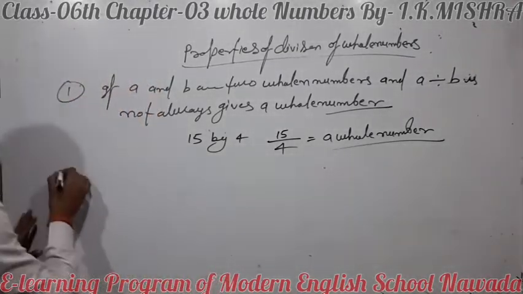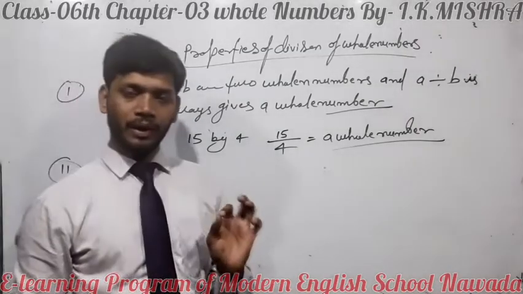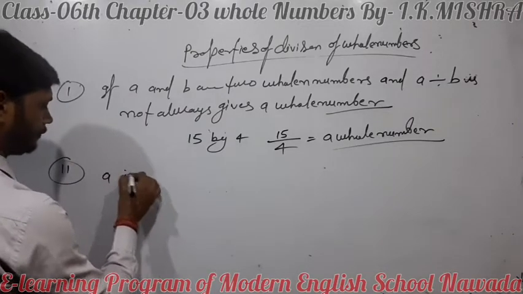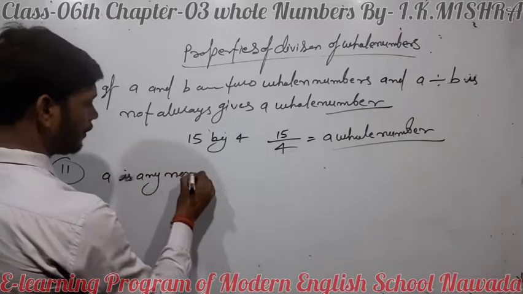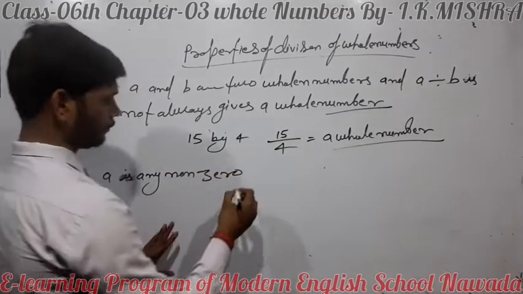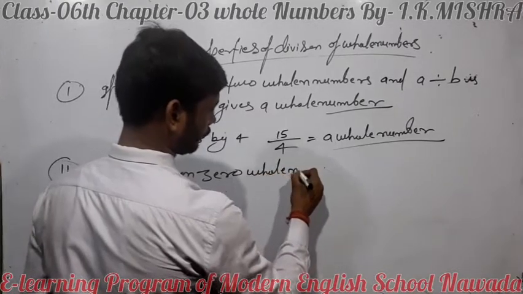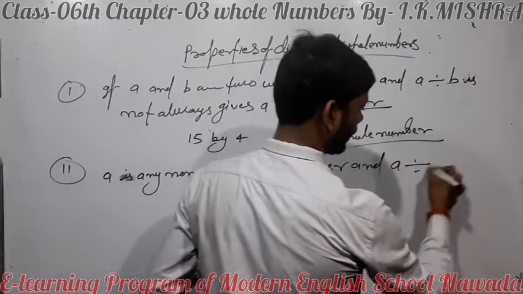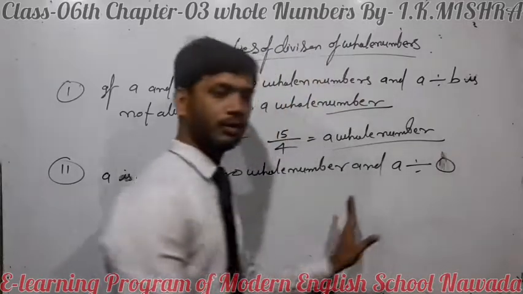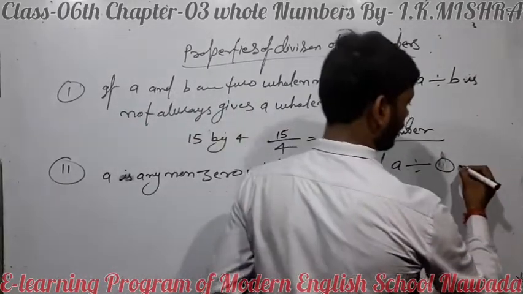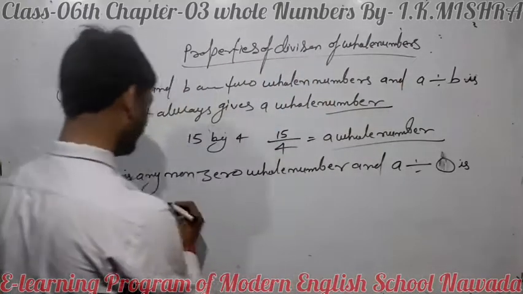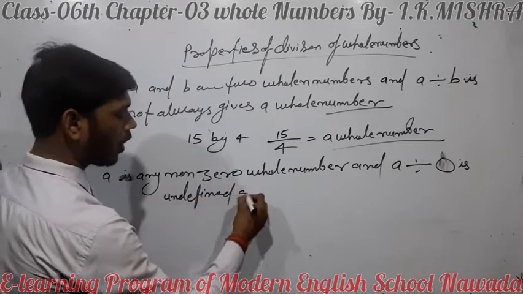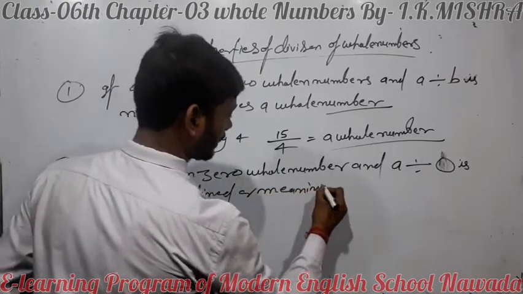Students, next property: when a is a non-zero whole number and a is divided by 0, a divided by 0 is undefined or meaningless.